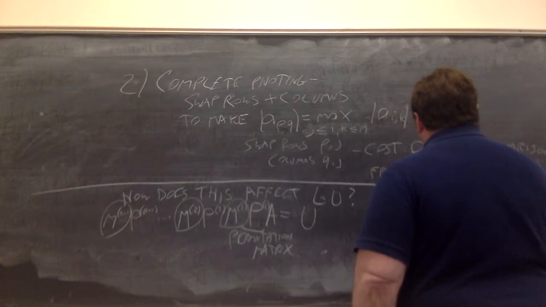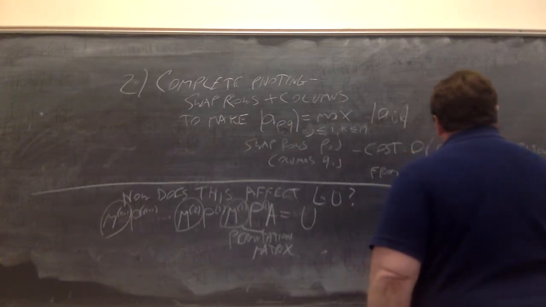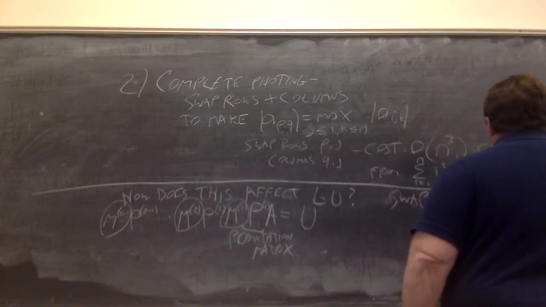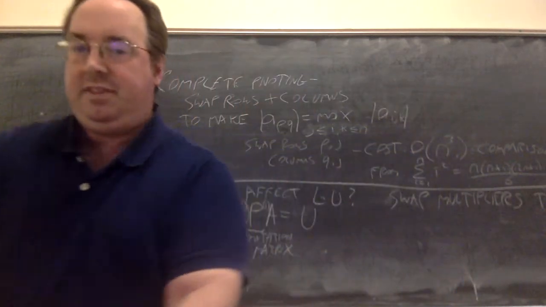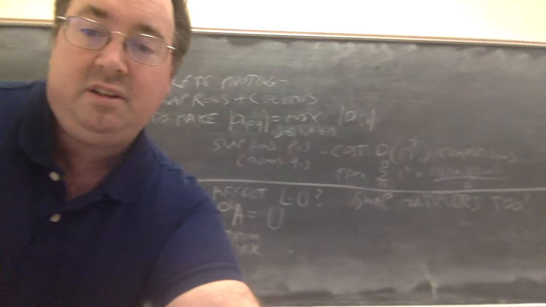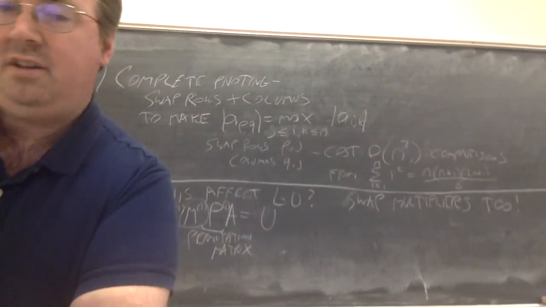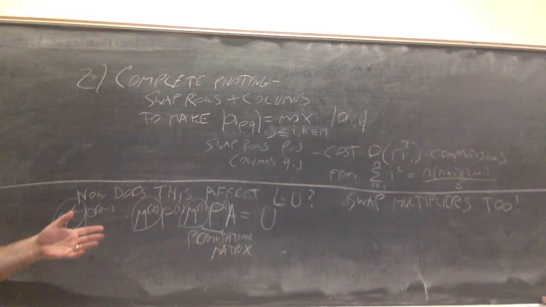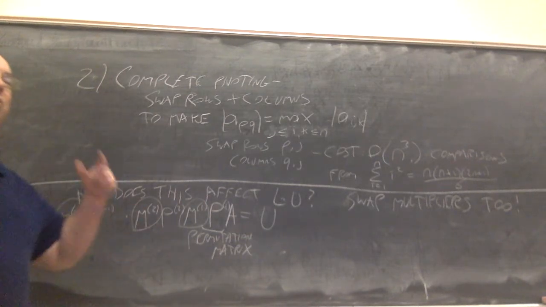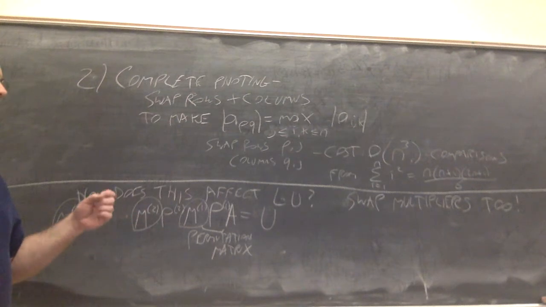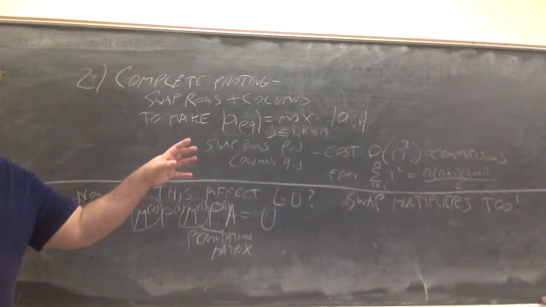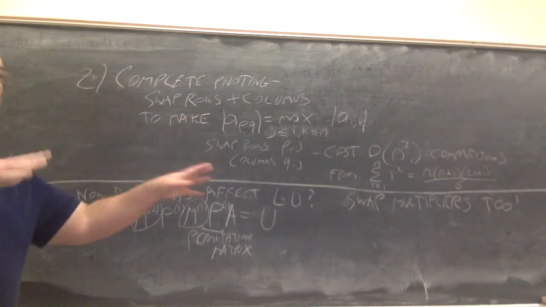What I need to do is swap the multipliers too. When you're carrying out Gaussian elimination, reducing to upper triangular form, and you see you need to do a row interchange, of course you have to do the interchange on the part of the matrix you're actually operating on, where you're updating elements.